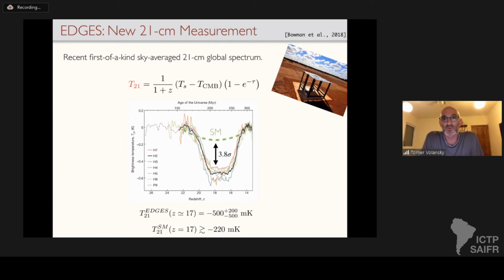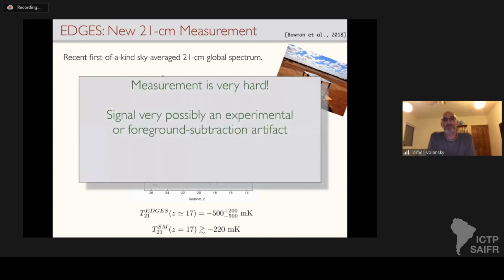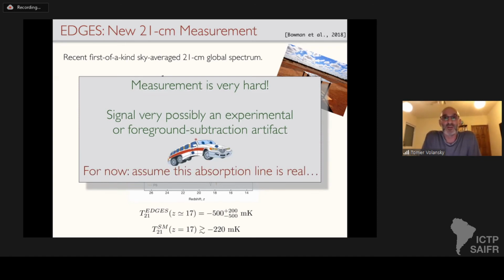Okay, so if that was the expected value, it's roughly 3.8 sigma away from it. And I'm not going to discuss the many possibilities for why this measurement might be wrong. Instead, I'm just going to chase the ambulance and ask, what do we learn if we assume this absorption line is real? All right.